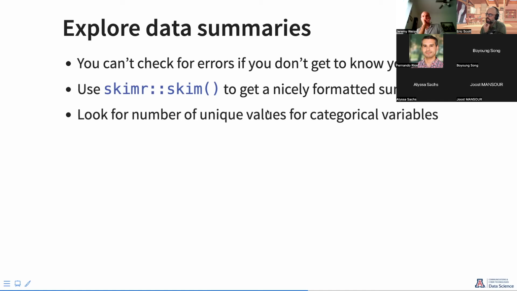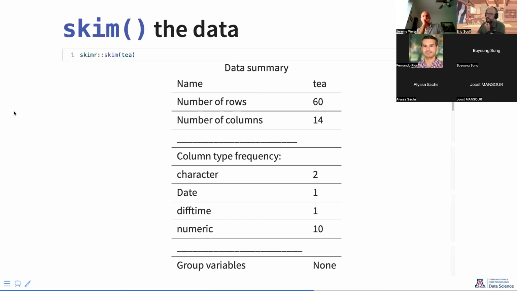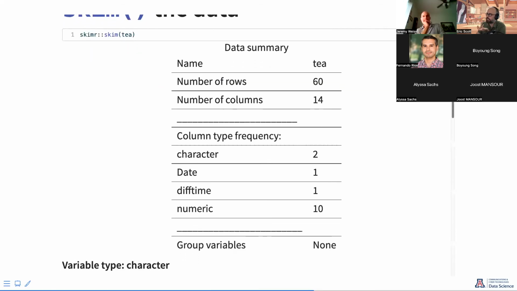And that gives us a nice formatted summary, which helps us look for the number of unique values for categorical variables, and actually prints little mini histograms for numeric variables, which can help you catch really extreme values. And in the slides, it looks something like this.